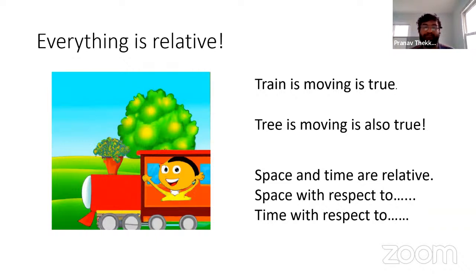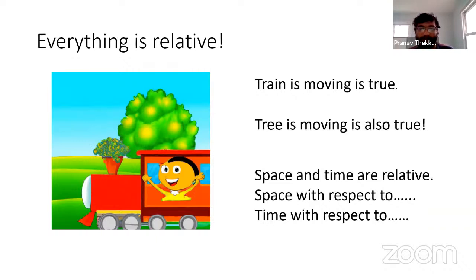So if I were to go and talk to the parent and say the tree is in fact moving, it's a very non-intuitive thing for him, because he has seen the tree is always at rest, and he sits inside the train and he knows that the train is moving, so he is moving, and the tree is not moving.